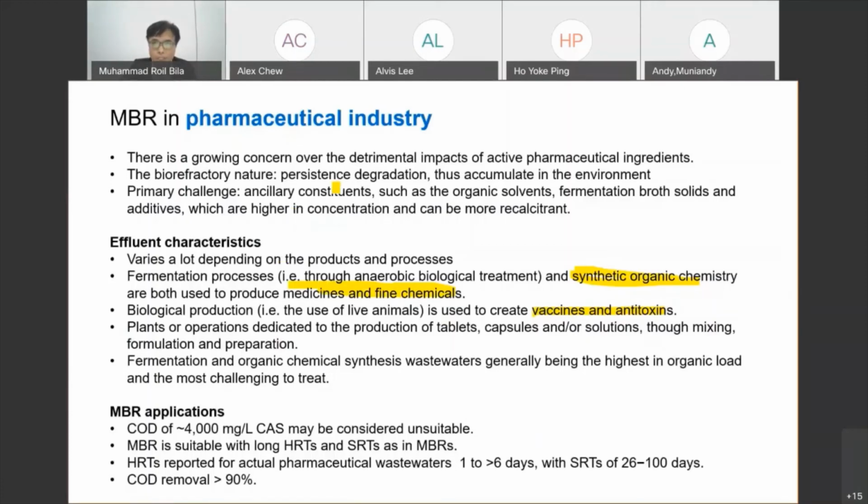They have components that are biorefractory, persistent chemicals that are very hard to degrade. That's the reason why conventional methods like activated sludge are not really suitable for pharmaceuticals. When we deal with these components, normally what they need is a longer retention time and a longer sludge age, a longer SRT. That is where MBR is very good.